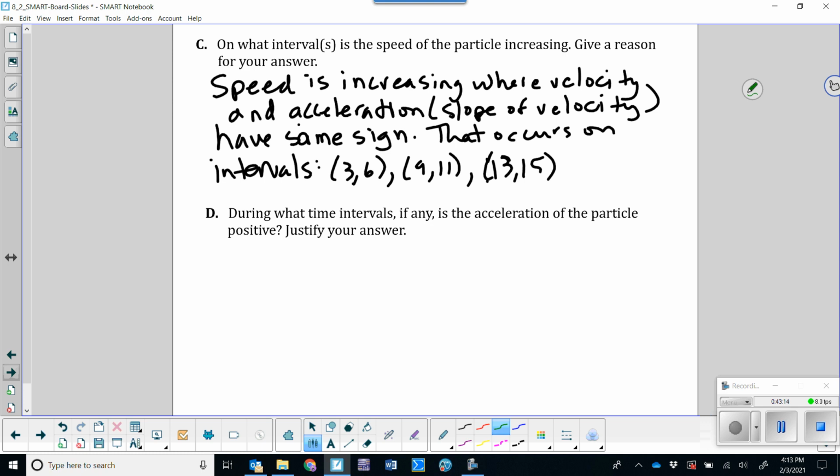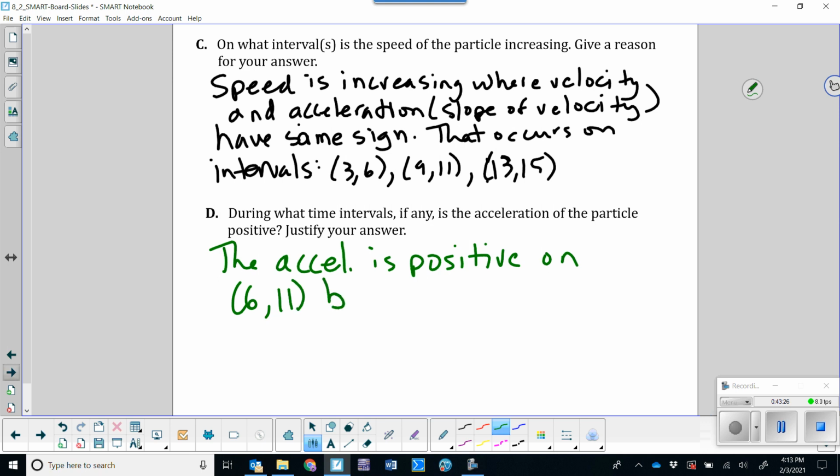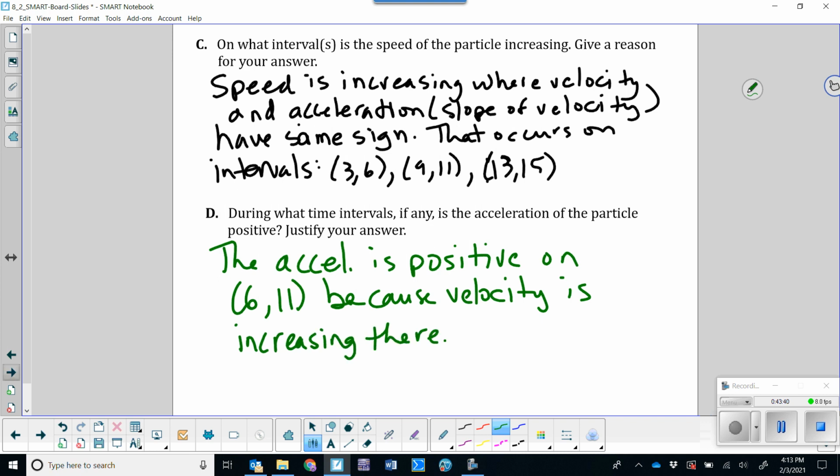So we would say the acceleration is positive on 6 to 11 because velocity is increasing. Okay, so if the velocity is increasing, the acceleration is positive. All right, so that is it for this video about another look at particle motion.